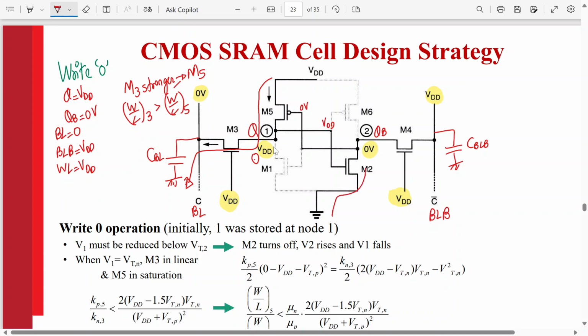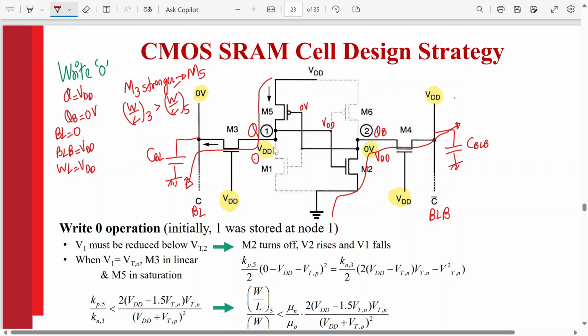Charge, right? It will charge the capacitor to VDD. So this voltage will increase to VDD. This should become VDD and this should become 1. This should become 0. This will change, and then only the data will change, right?